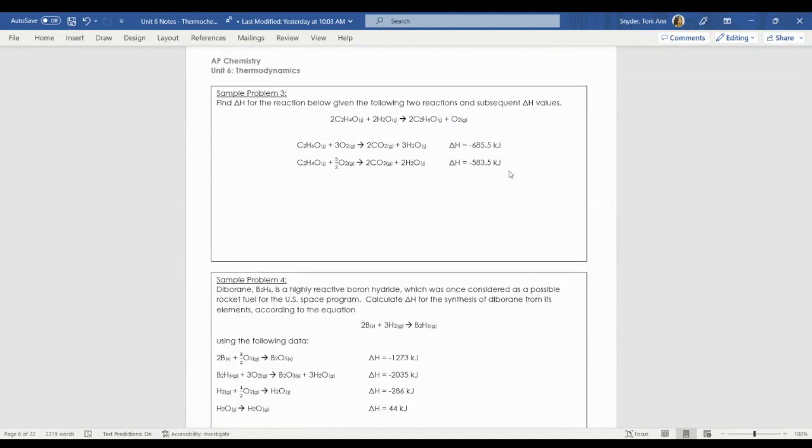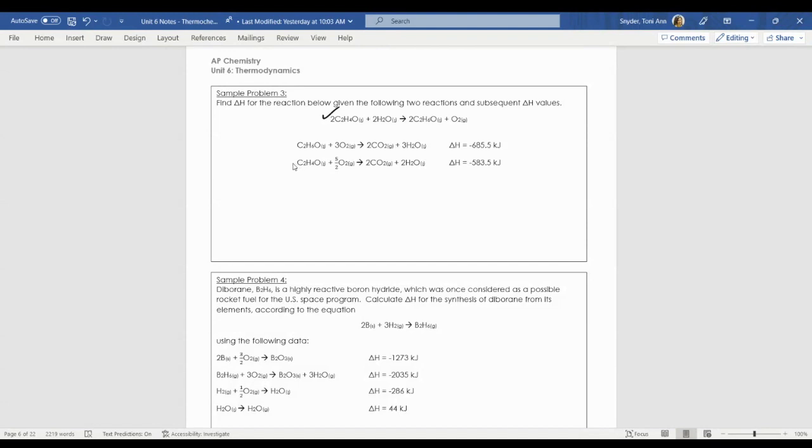Sample problem 2 says, find the delta H for the reaction below, given the following two reactions and subsequent delta H's. So here's my reaction that I want. I'm going to use these two reactions in order to get this net reaction here. So I like to identify reactants and products first. So C2H4O.